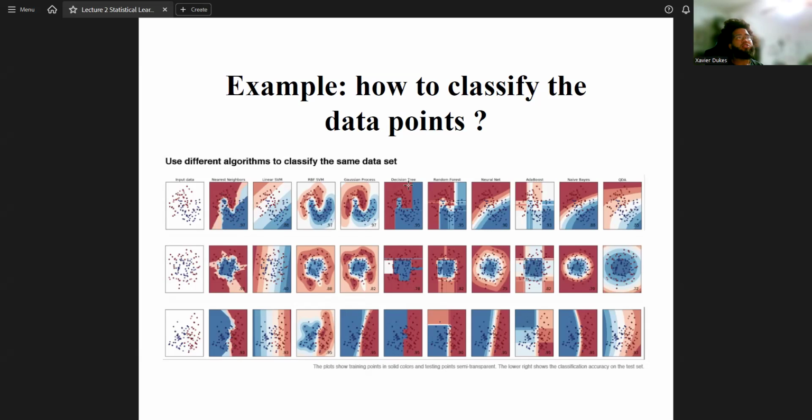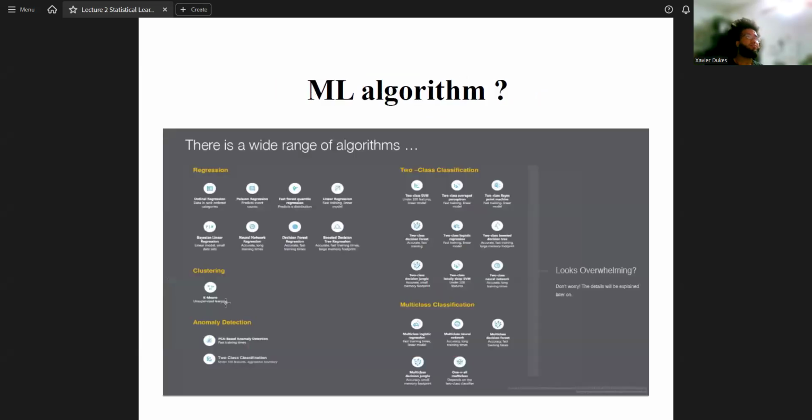But these are all various algorithms we can use: the Gaussian process, the decision tree, random forest, neural net, naive Bayes. I think this is a great example of just how many variations we can have when tackling a problem, and which one's the best? Well, it's difficult to say. There's a wide range of algorithms, and this goes over some of them.